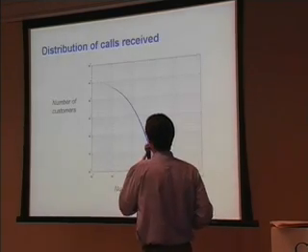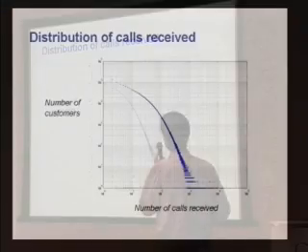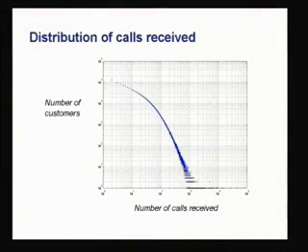Okay, so this is the distribution of calls received on this large graph. As you can see, some of these customers receive a very large number. This is the number of calls received versus number of customers on a log-log plot. There are some customers who have received more than 1,000 phone calls, but most of them have received just one.